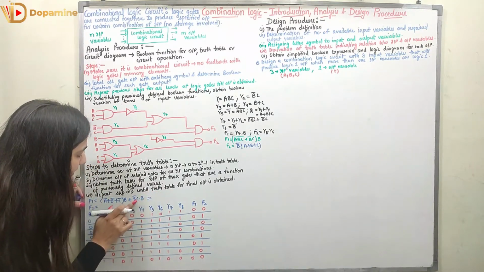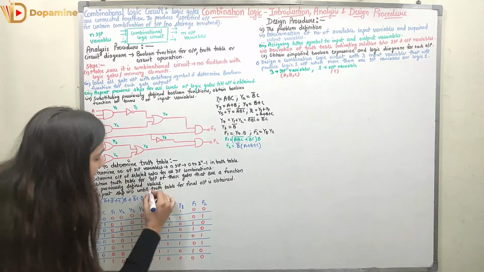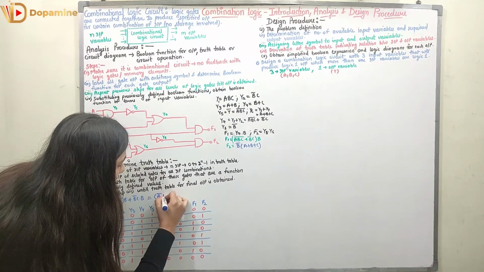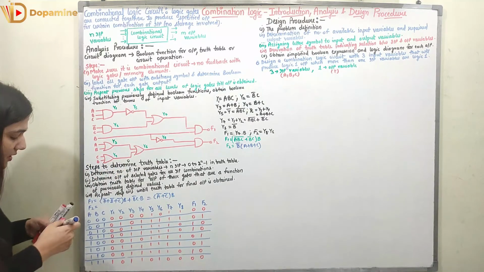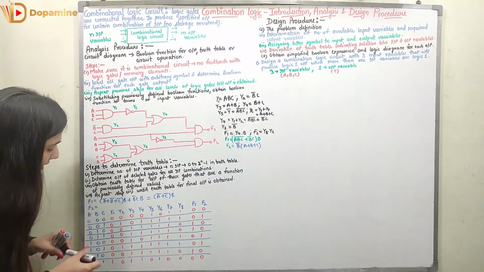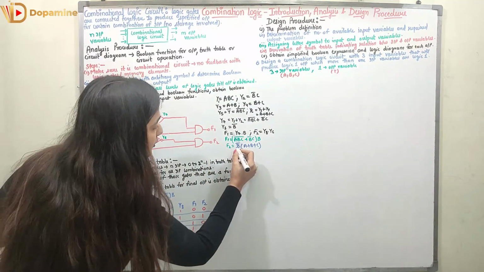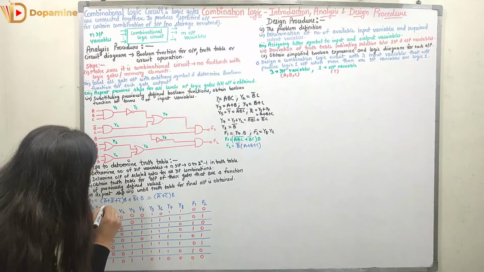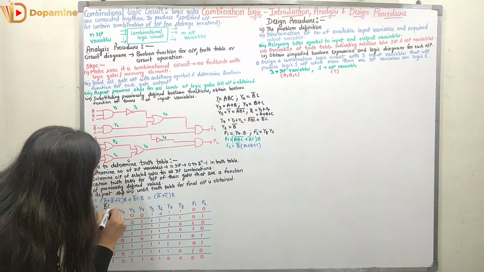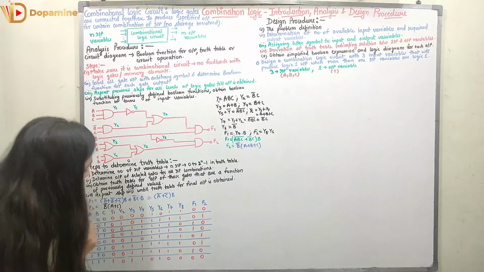So this term will become 0. B multiplied with B bar, I will get 0. So it is represented as (A bar plus C bar) multiplied with B simply. Right? Simply. Now here I can represent F2 also. So F2 is B bar multiplied with B is 0. So F2 is B bar multiplied with (A plus C).